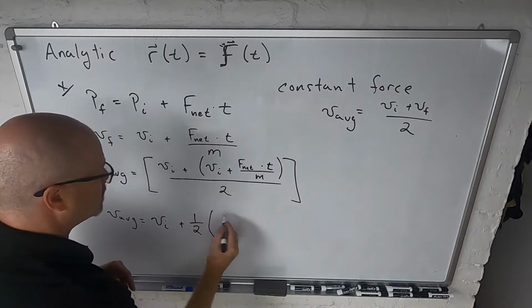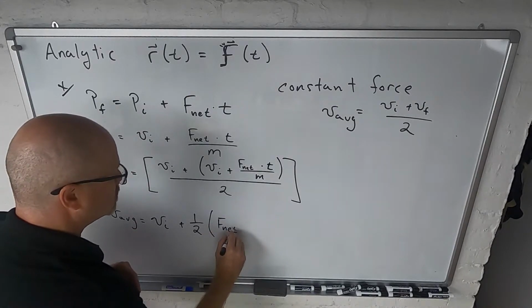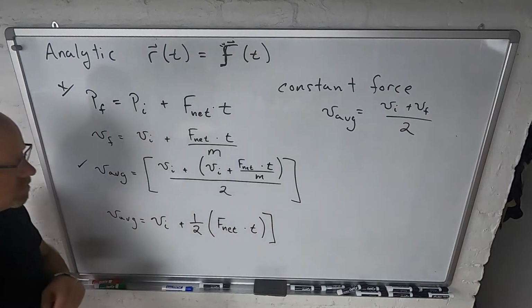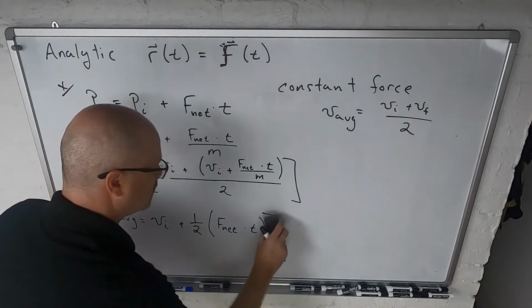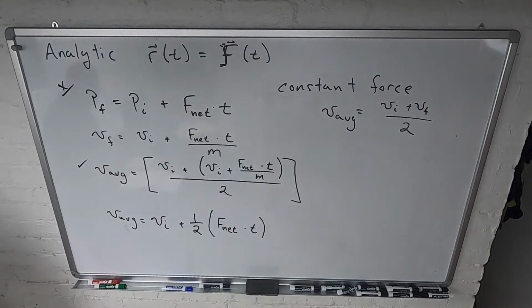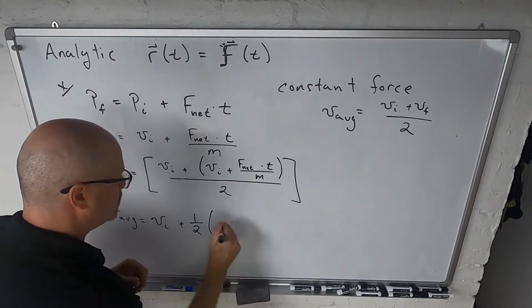V, and so this is just F net, this has, I'll just make this, I'm sorry. This is F net over m.